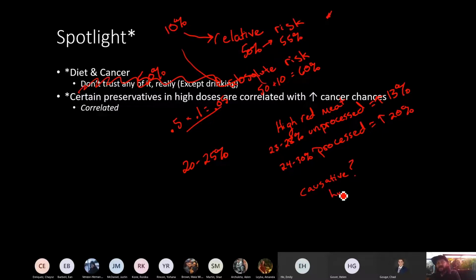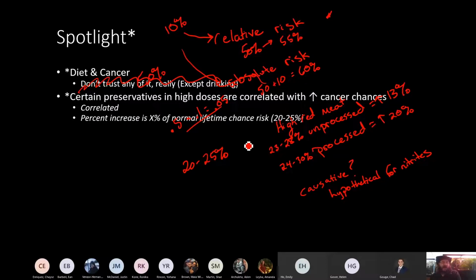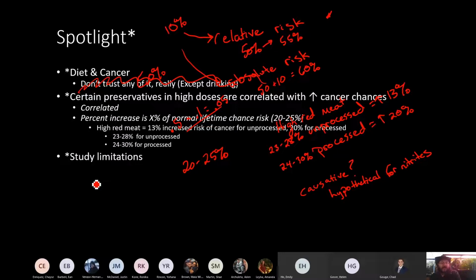So we have hypothetical causative pathways for nitrites. So we're getting closer to figuring out what that might be. We have definitely causative pathways for alcohol. And that's where I talk about relative risk.